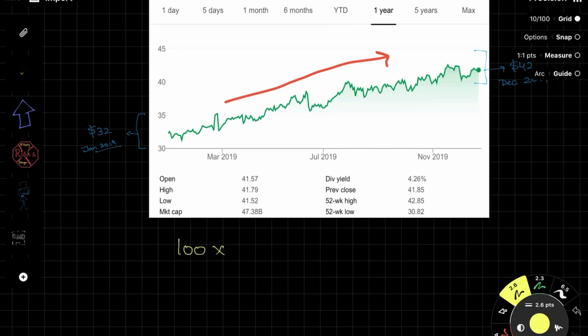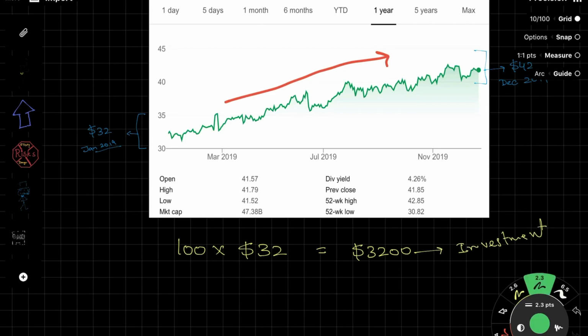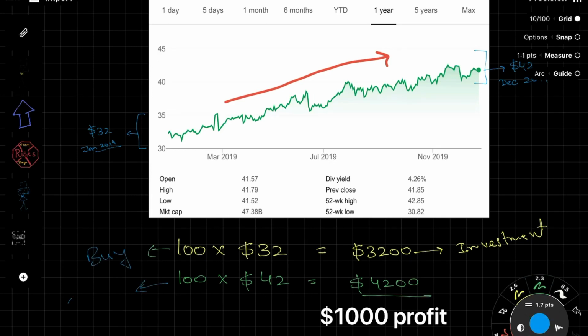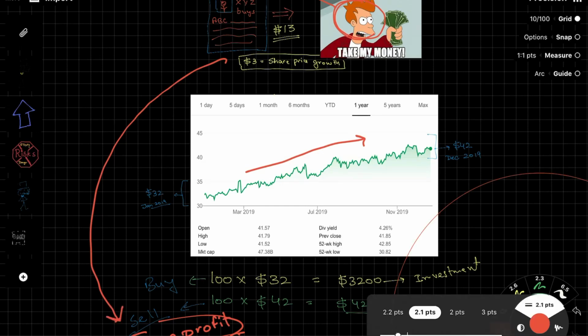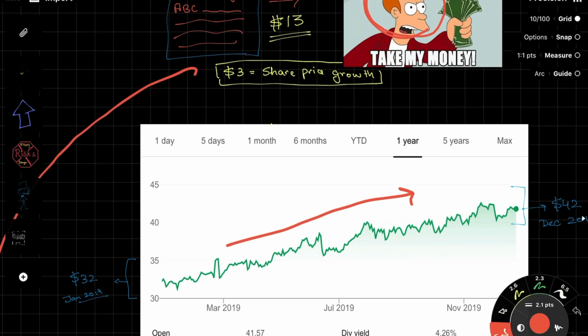And let's say you invested in January in this company, you bought 100 shares, your investment was $3,200. And by the end of the year, your investment of $3,200 was valued at $4,200. And if you decide to sell it at this point, you've got yourself $1,000 profit by the end of the year, just by being smart about your money and investing in the right company. Again, this happened through share price growth.